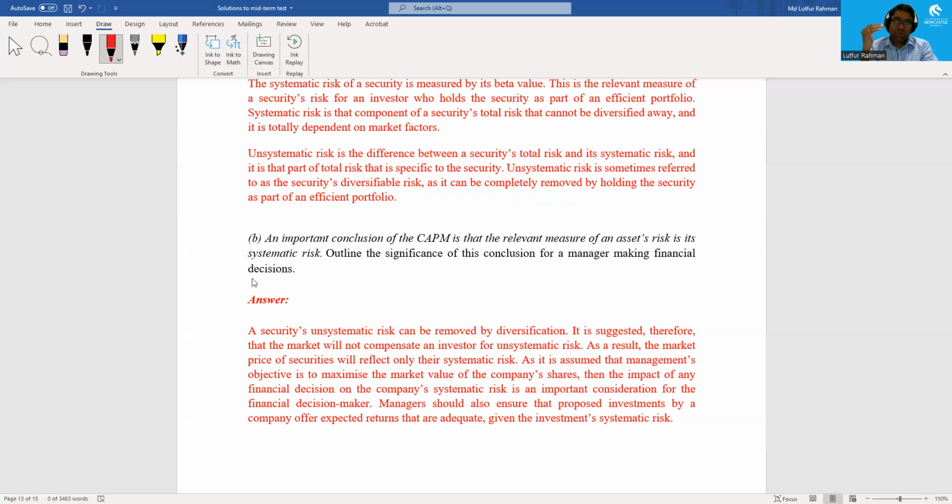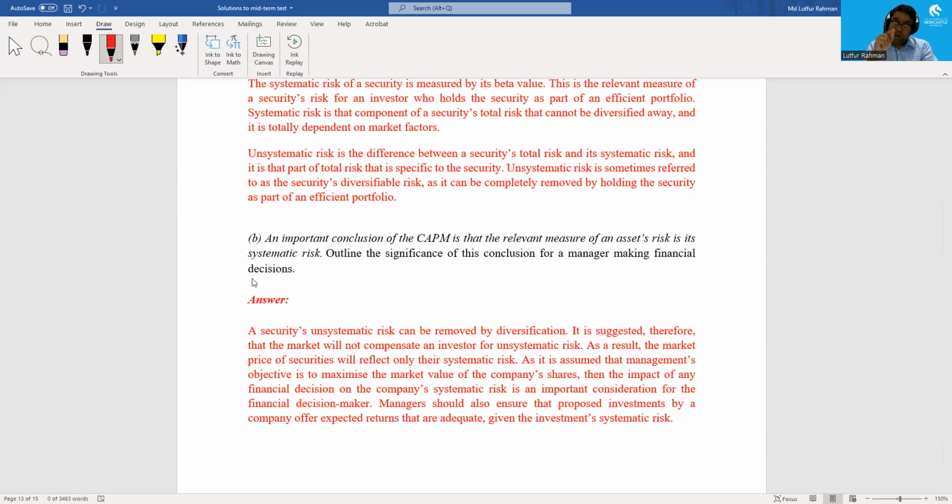Okay, so that's why a manager making financial decisions, for example, dividend decisions, capital structure decisions, or project investment decisions, should consider that to maximize the market value of the company's equity, what matters is addressing the company's systematic risk.